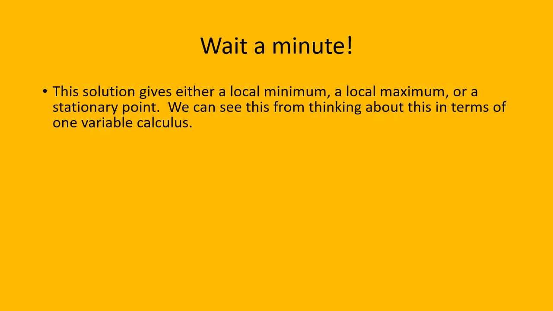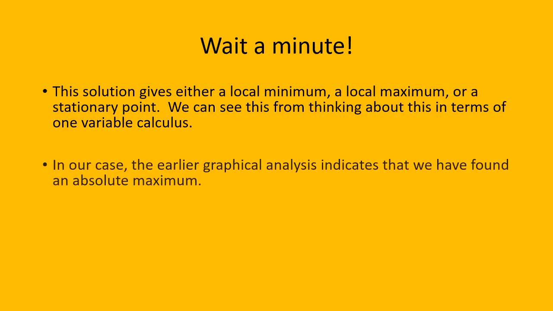And so all we've done so far is find a critical point. Basically, we don't know what it is. So in our case, we looked at this problem graphically earlier, and we saw that this point 1000, 2000 for x and y actually was an absolute maximum. But the question is, how could we show that if we didn't have the graph in front of us?